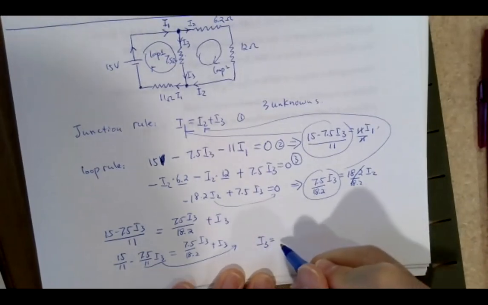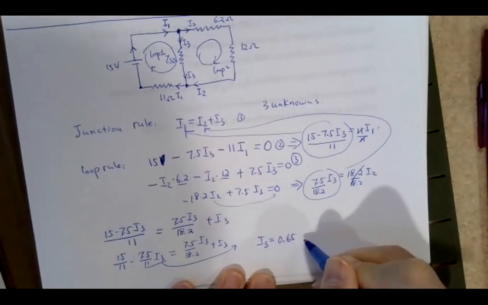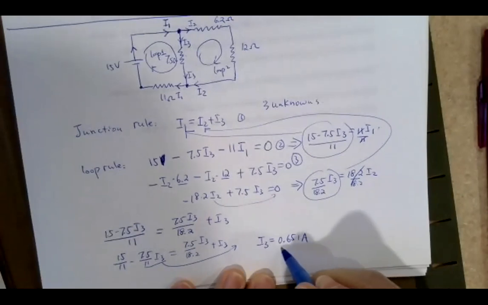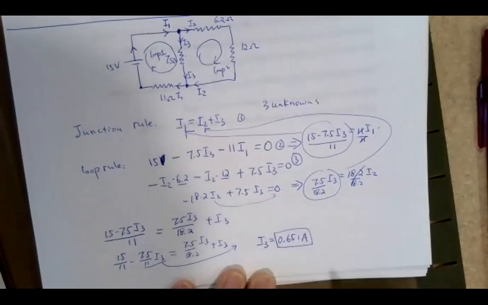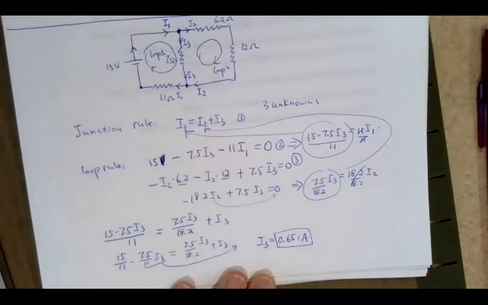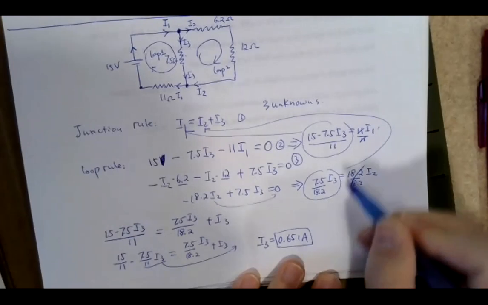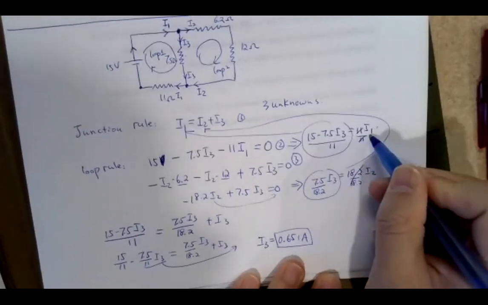So I3 here should be 0.651 amps. If you solve this correctly, that should be the number you get. Once you have I3, you can put I3 here to solve for your I1.